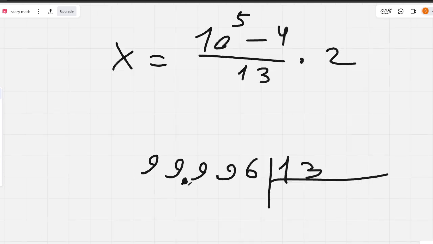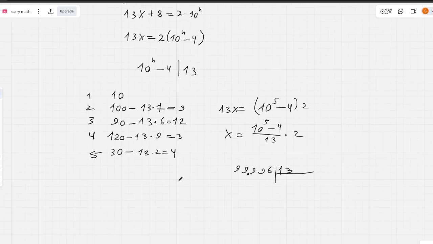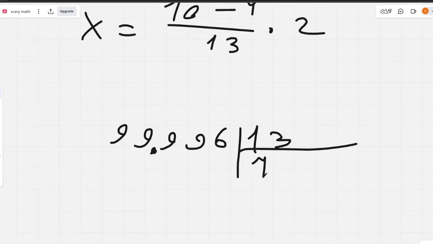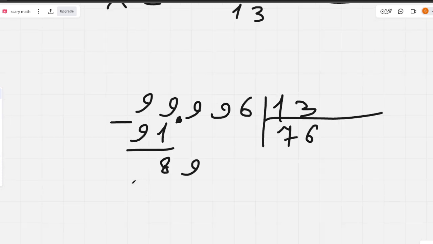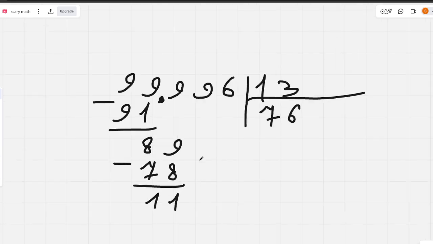Okay, let's do this. So for 99, it's gonna be 7, minus 91, gonna be 8 here. 89. We're gonna go with 6 here. So 60 plus 78, gonna result in 11.